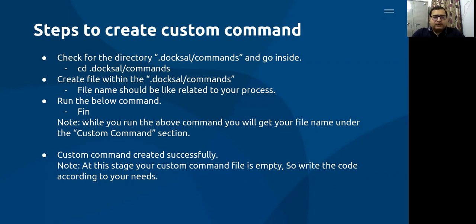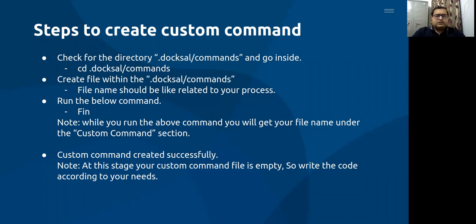If you set up your project with Doxel, then the .doxel directory is automatically created, and all the configuration related to Doxel comes under this directory. So you can see that we create the commands directory also under this directory. Now we move inside the commands directory. If it is not created, then we can also create that directory.